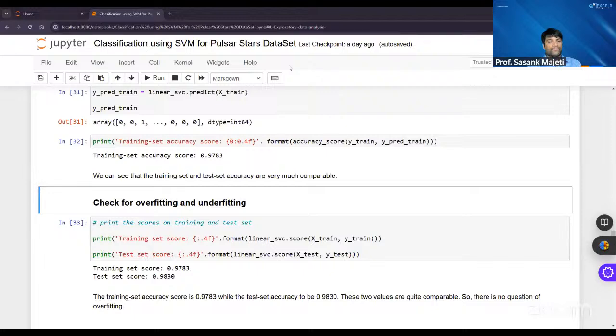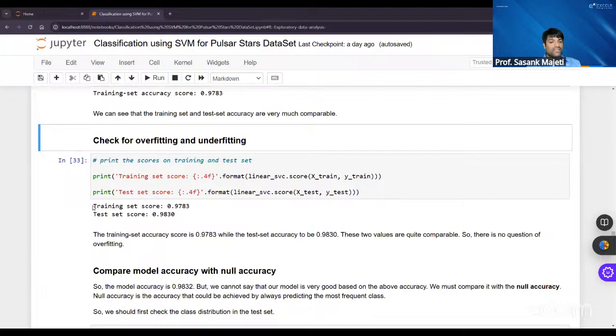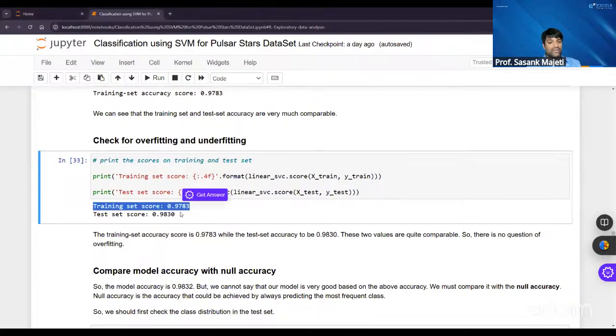Fine. So I just mentioned here, the training score is around 97% and the testing score is around 98%. They're quite comparable and there is no problem of overfitting, because overfitting is where training is done well and testing is not done well; the accuracy of the testing takes a hit. So maybe you see a training accuracy of around 97%, and for testing you see around 30% or 50% or 60%.